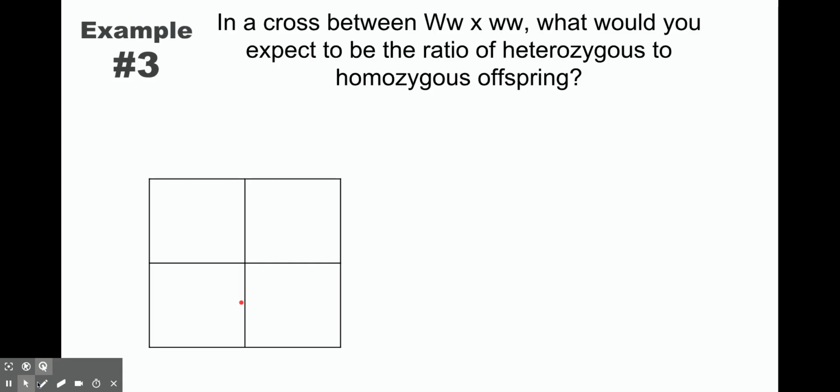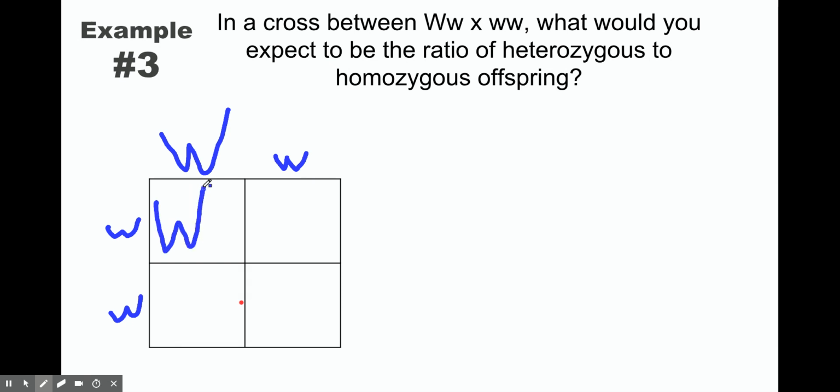All right? So, I just gave you those terms to help you remember maybe what they mean. Homo means same. Hetero means different. Moving on. Let's get a couple more example crosses done here, which Miss Richard loves so much. All right, so this time we've got a cross between big W, little w, and little w, little w. Pull down a big W and pull over a little w.